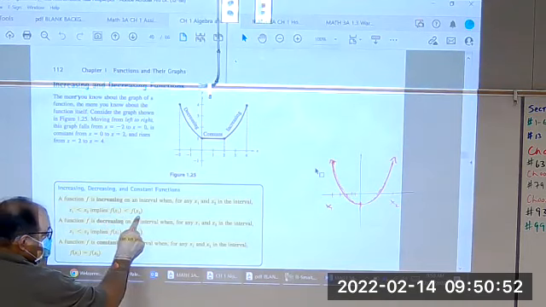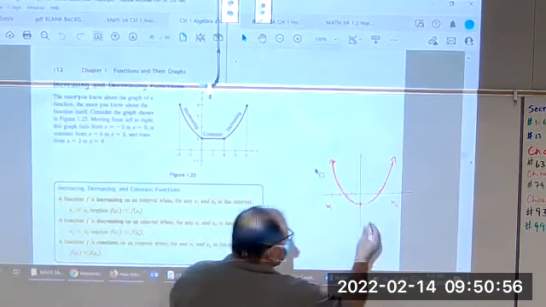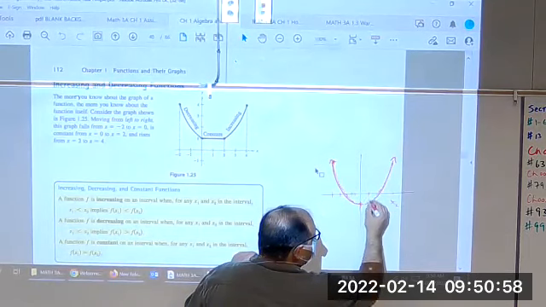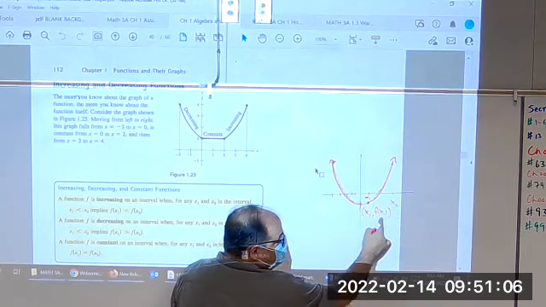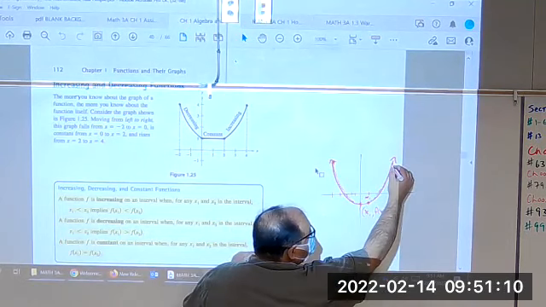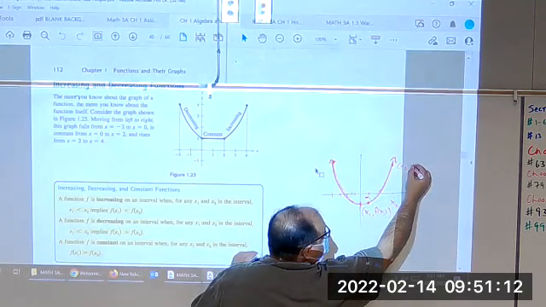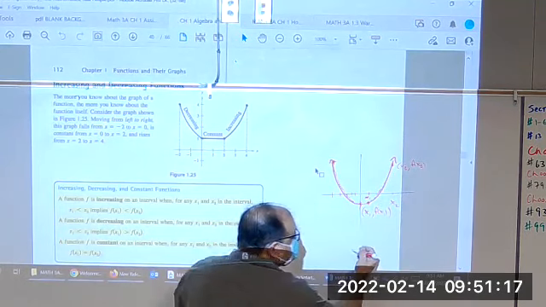It's increasing if f of x sub 1, so over here, x sub 1, the y value is f of x sub 1, plugging x sub 1 into the function. Over here is x sub 2, the y value is f of x sub 2.